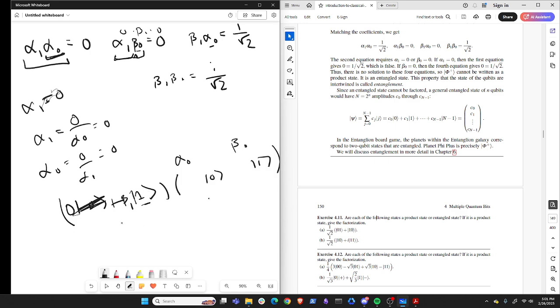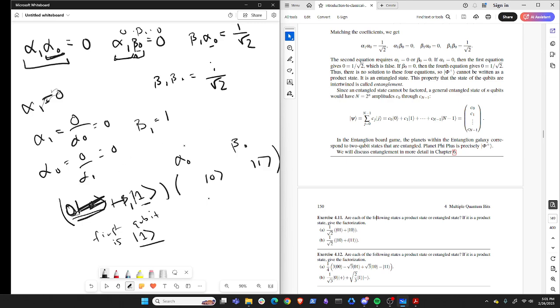But my assumption is that because the amplitude for state 0 is 0, the amplitude for B1 would be 1. Let's test that out and see if that works. So if beta 1 is 1, if essentially it's 100%, the first qubit is not in superposition. It's just in state 1.